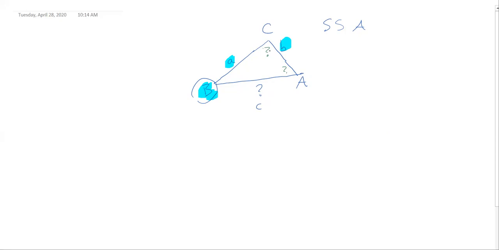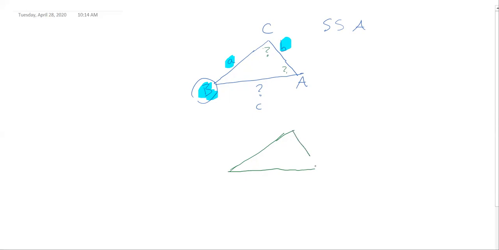You're assuming that the triangle can be made like this. But the question is, you still don't know C, A, and this side here. So those are the variables in the problem. The triangle might look like this.